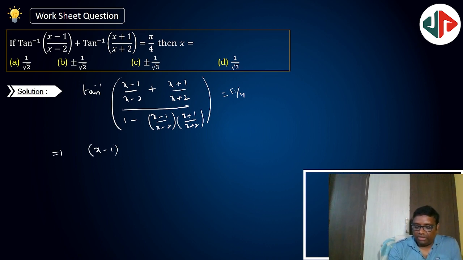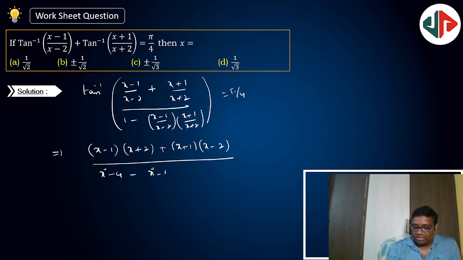So x minus 1 into x plus 2 plus x plus 1 into x minus 2, by x square minus 4 minus of x square minus 1, is always equal to 1. So this is x square plus x minus 2, x square minus x minus 2, by minus 3.